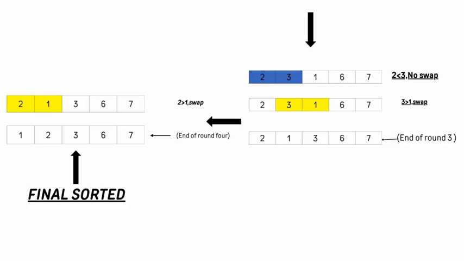And the j loop is actually the steps in each round. In the first round we had 4 steps, then in the second round 3 steps, in the third round 2 steps, and in the fourth round only 1 step. So as you can see, in each round 1 step decreases. That is actually the j loop.